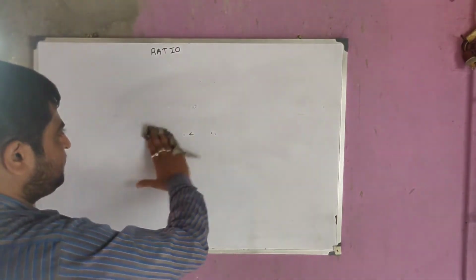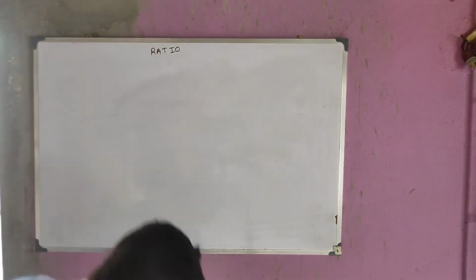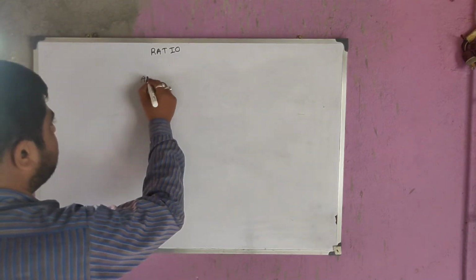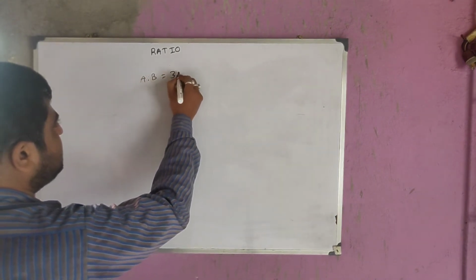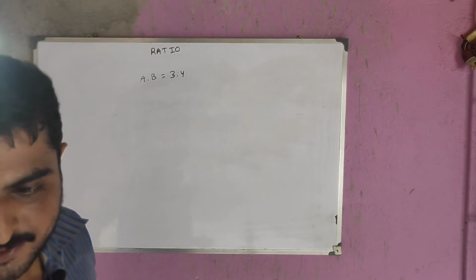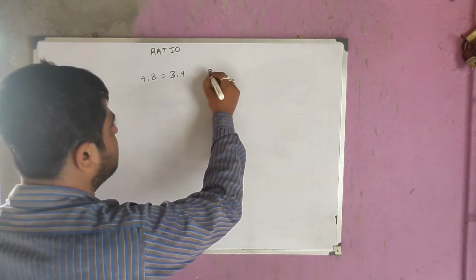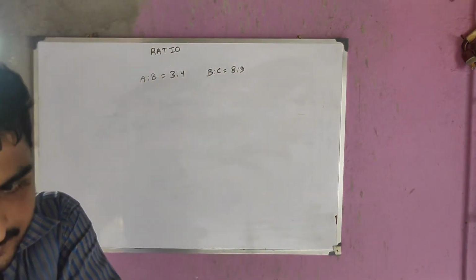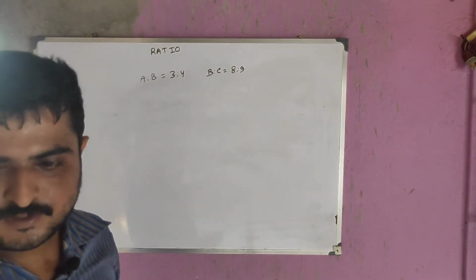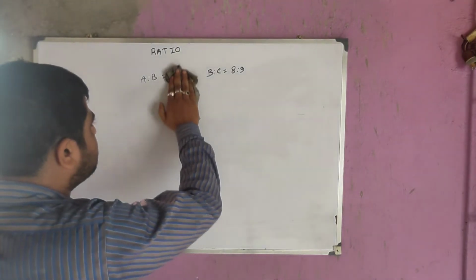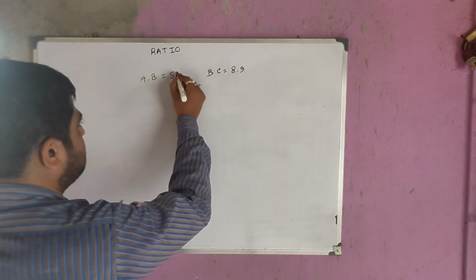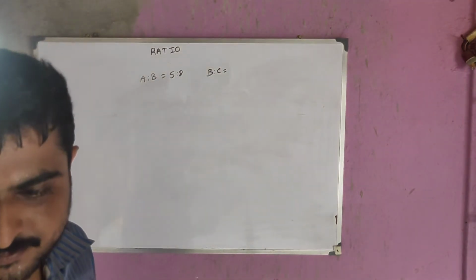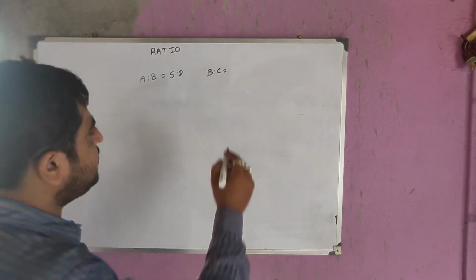Next, if A is to B equals 3 is to 4 and B is to C equals 8 is to 9, then find A is to B is to C. Say A is to B is 5 is to 8 and B is to C is 18 is to 25.